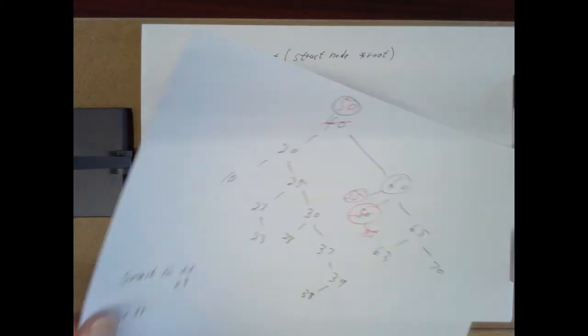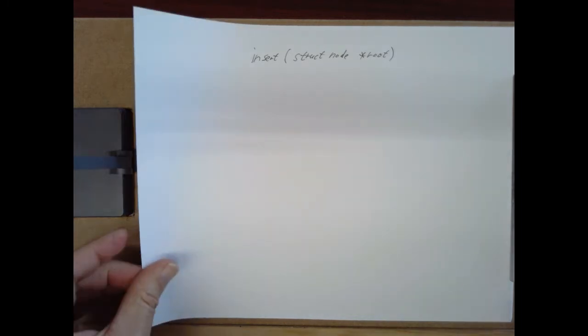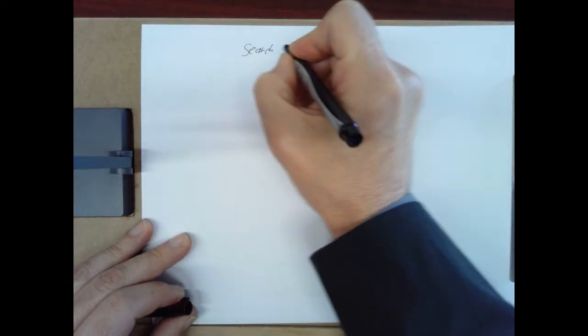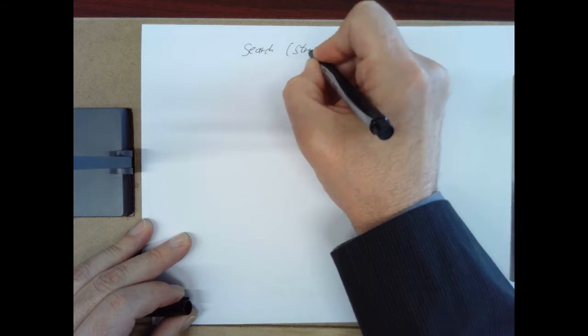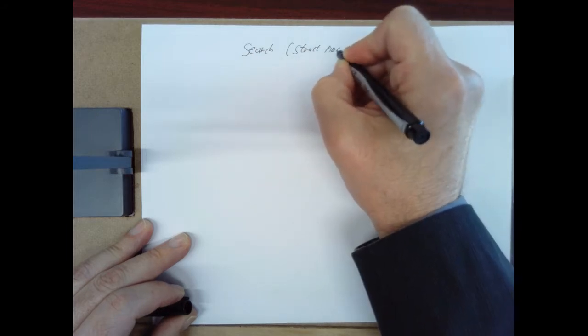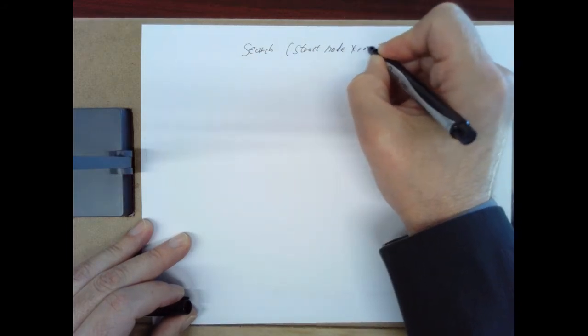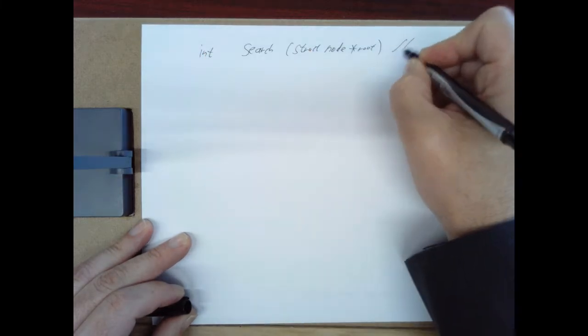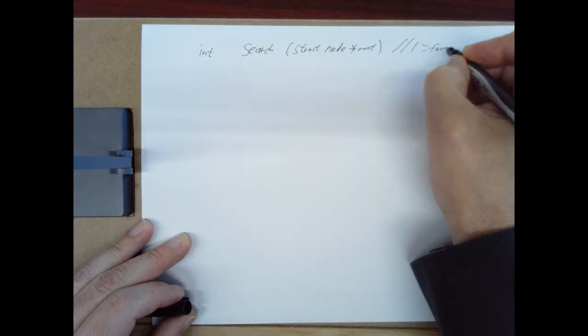That's a good idea. So let's do search first. Search is basically a traverse. You just see if you find it. So instead of printing it, you will just say, hey, I found it.